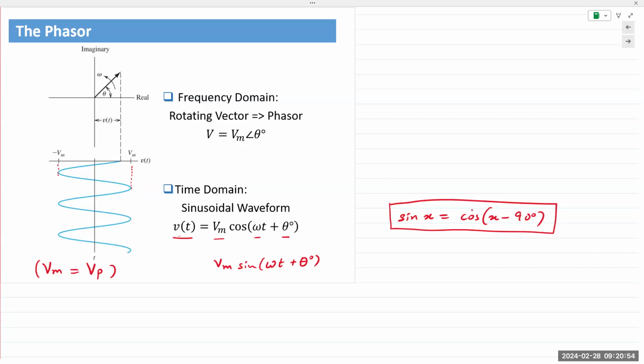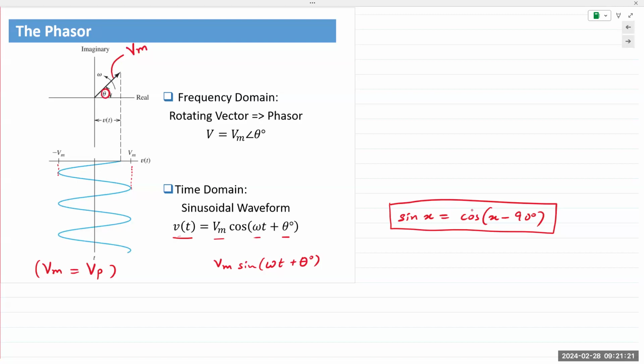So if you look at this frequency domain representation with a rotating vector, you can see the snapshot is showing you two things. The length of the vector, which is Vm, and then the angle it makes with the real axis.